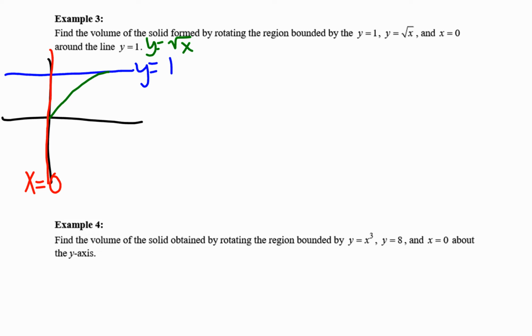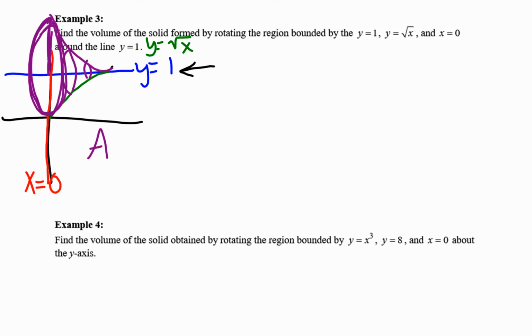And we're rotating it this time around this line, y equals 1. If I was going to rotate it, it would be kind of this solid shape here, filled in. It kind of would look like a solid funnel almost.